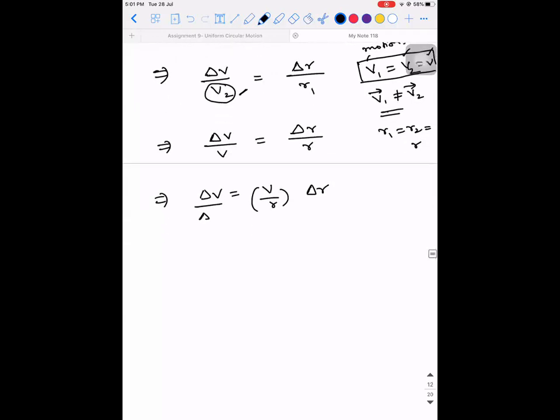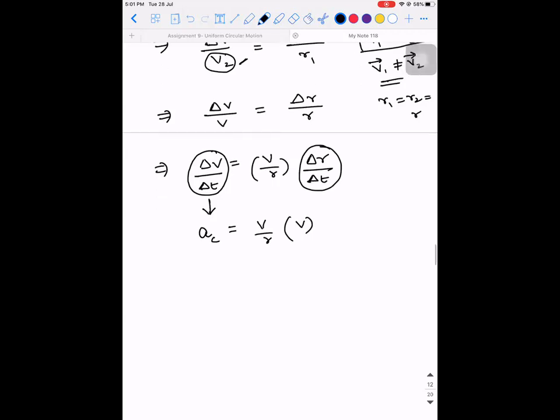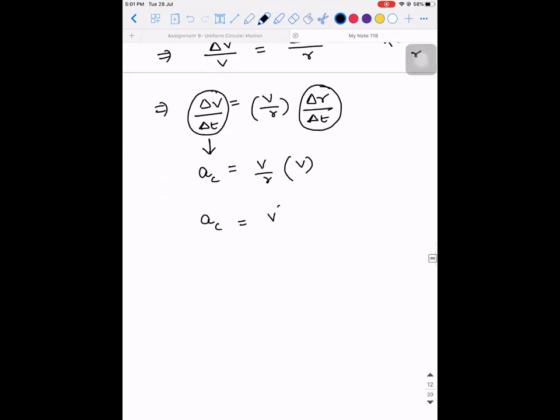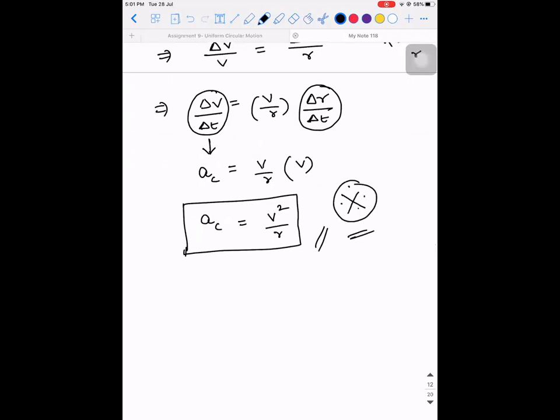So if I divide by time on both sides, this delta V by delta T is what is called the centripetal acceleration. This is equal to V divided by R into delta R by delta T. Rate of change of displacement is velocity. So the formula for centripetal acceleration is V square divided by R. As I told you today, this is a very, very important formula for you to remember.